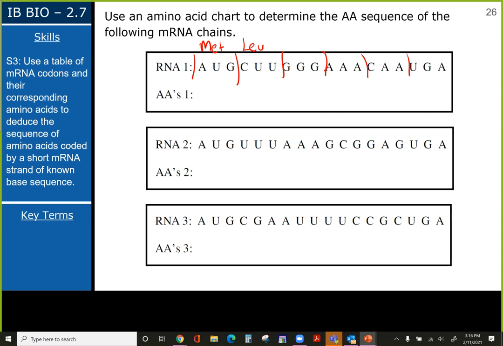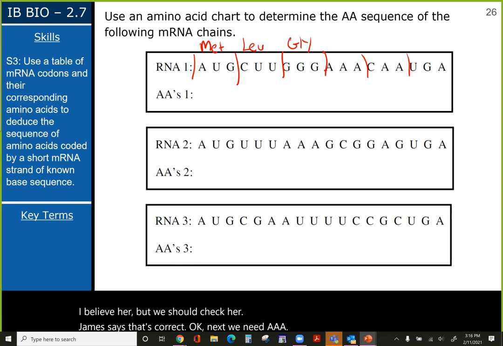Amy says glycine. Somebody check her. I believe her, but we should check her. James says that's correct. Okay, next we need AAA. James says lysine.